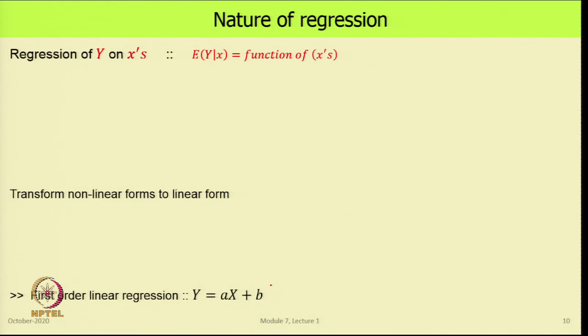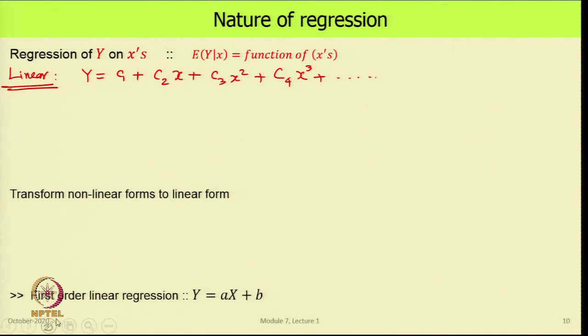So, we will first of course restrict ourselves to a linear regression, and linear means that y is some constant plus C2 times x plus C3 times x square plus C4 times x cube plus so on. This is a linear regression, and linear regression of one independent variable.